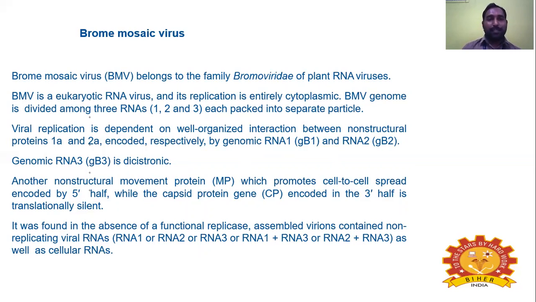This viral replication depends on the well-organized interaction between the non-structural proteins 1A and 2A, encoded respectively by RNA1 and RNA2. And RNA3 is different from the other two, being dicistronic in nature.